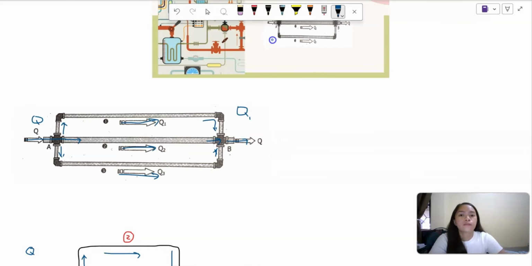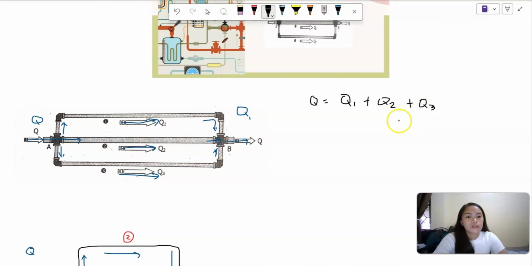So here we can form an equation. Q is equal to Q sub 1, or the flow in pipe 1, plus Q sub 2, or the flow in pipe 2, plus Q sub 3, or the flow in pipe 3.